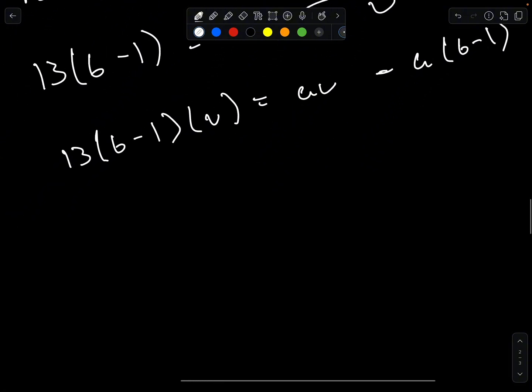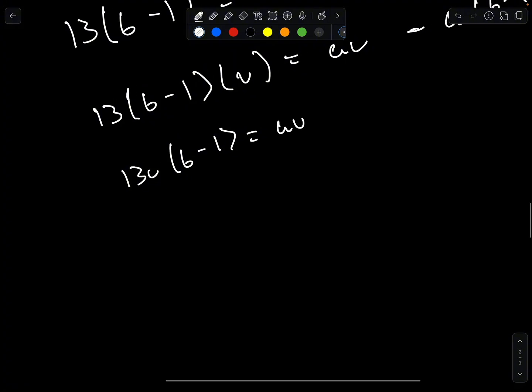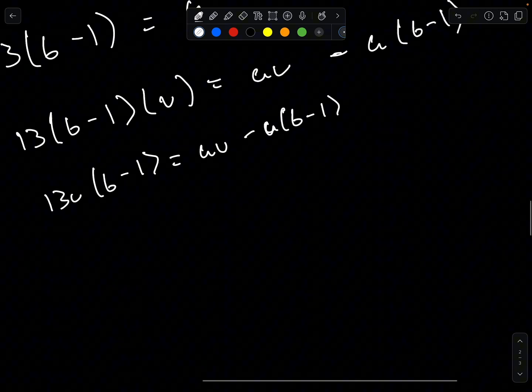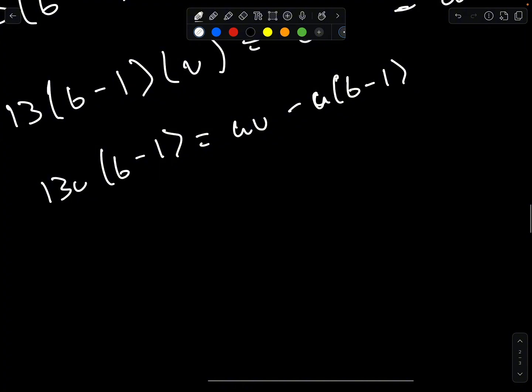Okay. Now we have, let's just say 13u to make it easier to follow, times b minus 1 equals au minus a times b minus 1. Okay, now, once again, as before, our focus is the u.